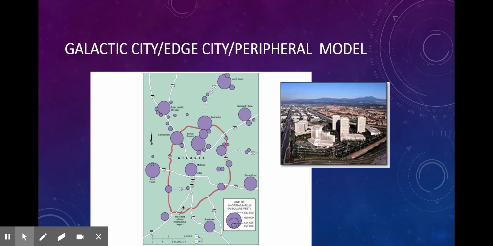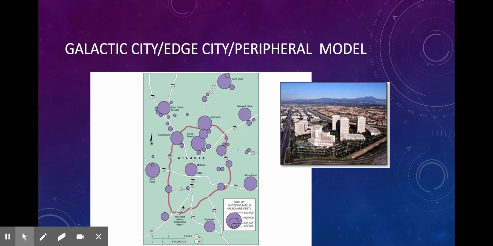All right, and the fourth one that we see is called the galactic city model. That is what most cities today would fall under, as places that have many, many different cores. This is an interesting map because this is where shopping malls are, or probably where shopping malls were.